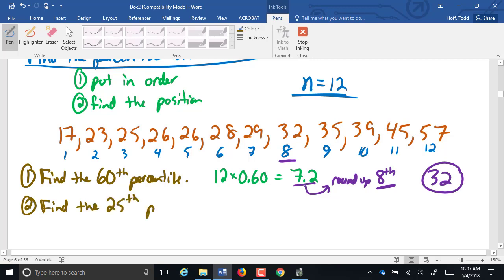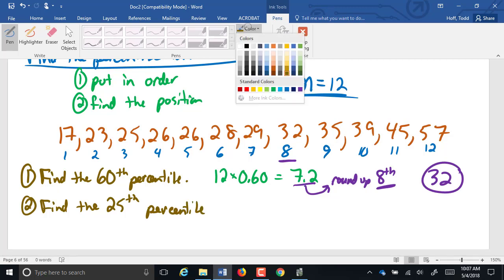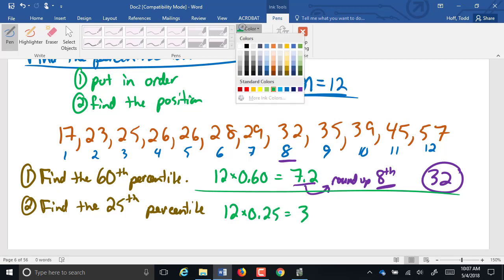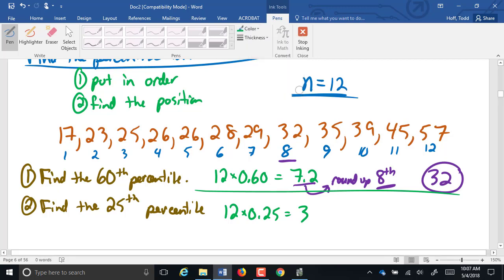What if I asked you to find the 25th percentile? Well, that would be 12 times what? 0.25. Very good. And what's that give us? 3. Now remember in our median, when we got a whole number, it was between that number and the next.